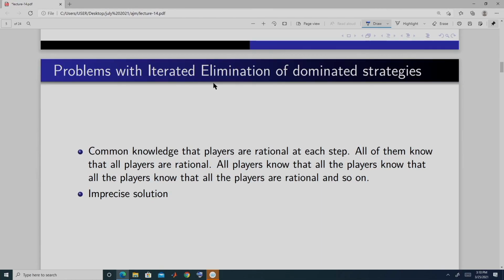Okay. Now, the next important thing is what is the problem in this solution concept, that is iterated elimination of dominated strategies.